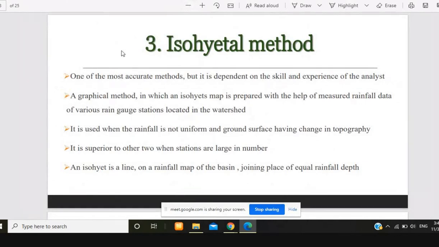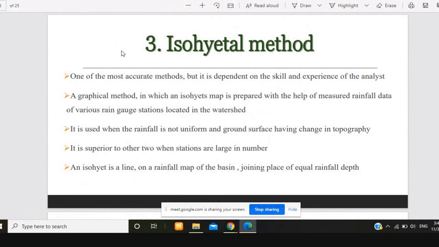This isohyetal method is the most accurate method, and it is also a graphical method. Here the isohyet map of the various rainfall data will be plotted. Then the area which comes under the influence of those isohyets is considered, and by applying the equation we find out the value.